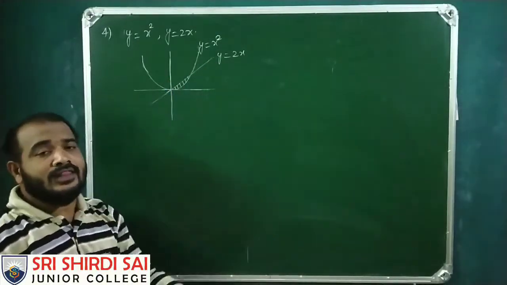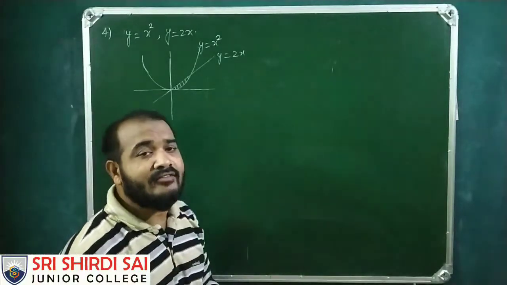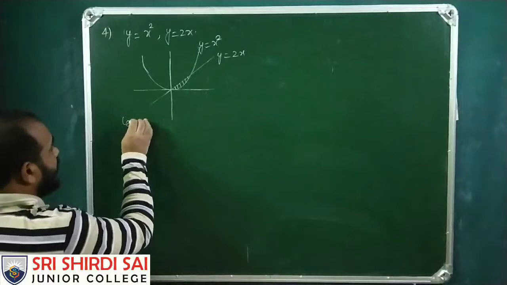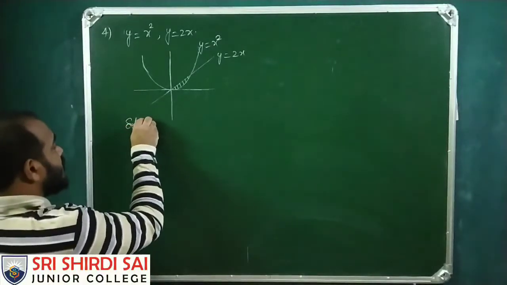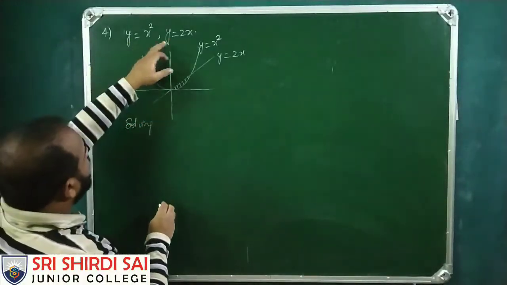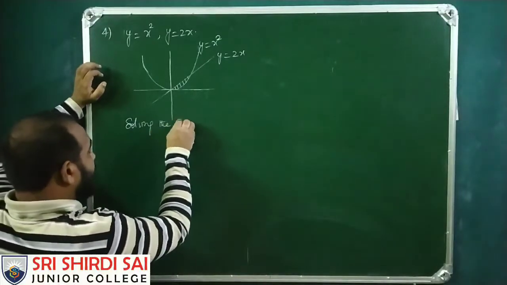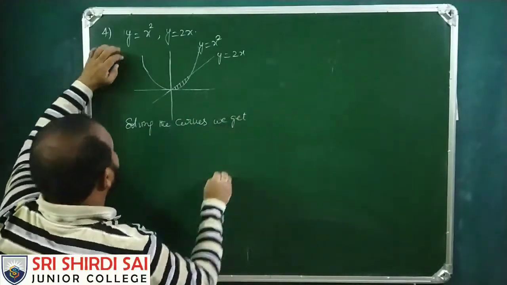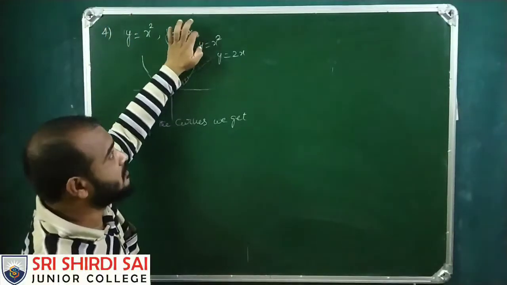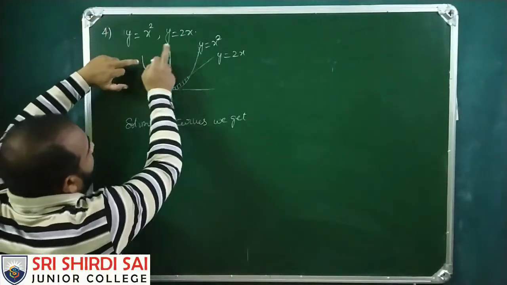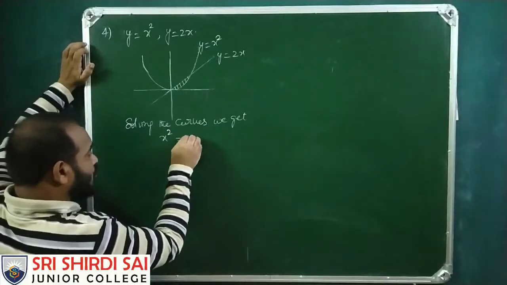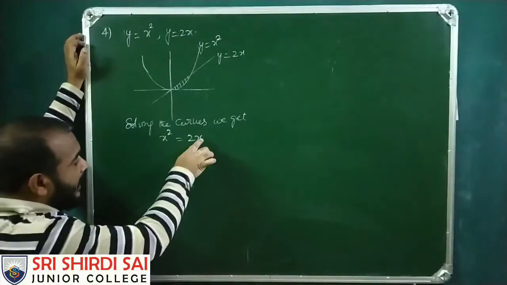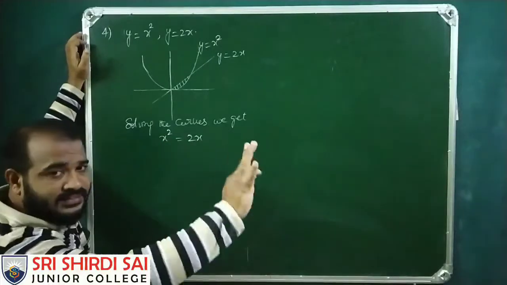To obtain that point of intersection, we have to solve these two equations. Solving the curves, we get: this is the parabola and this is the straight line passing through the origin. Both are y, therefore x square equals 2x. Again I am appealing to you, x and x should not be cancelled.